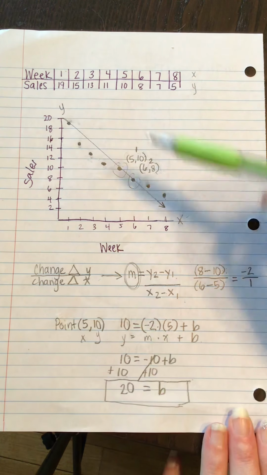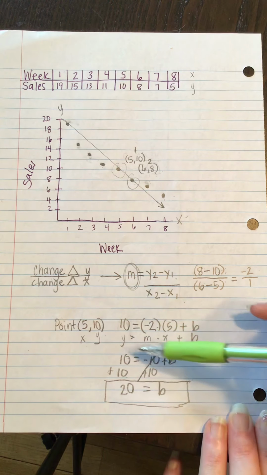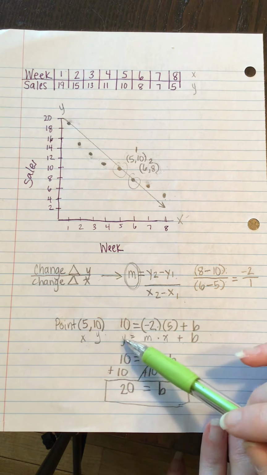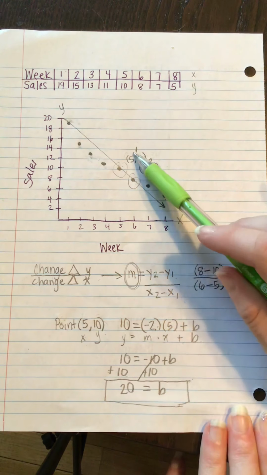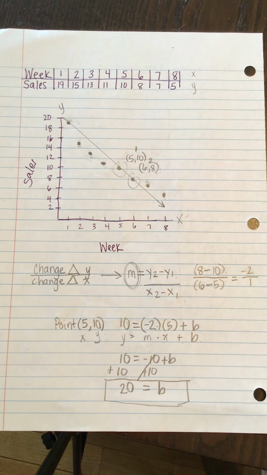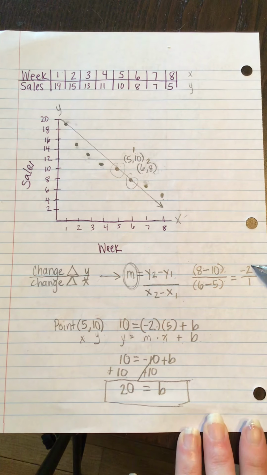So then you're going to pick either one of these points. I picked point (5, 10) to do slope-intercept form, y equals mx plus b. So I know y, because I picked my point and my y value is 10. You could do either one of these. And then my m was the -2 we found here.